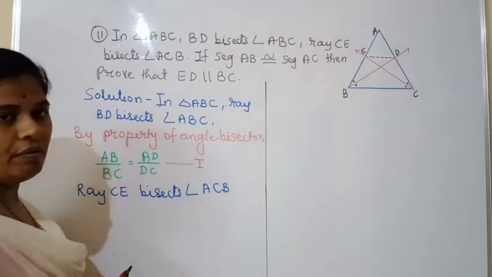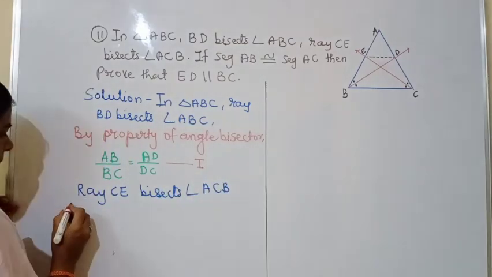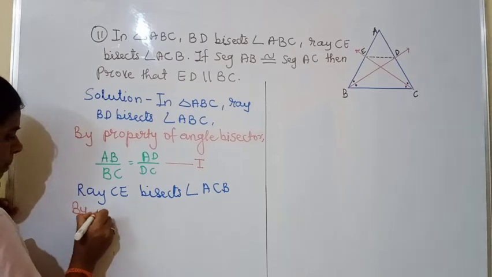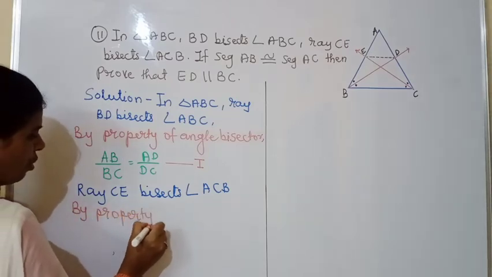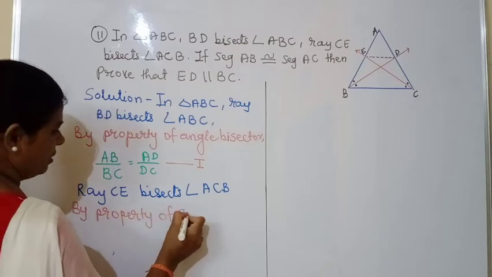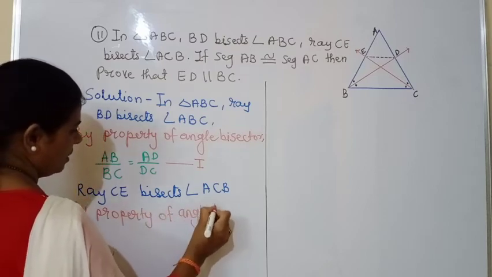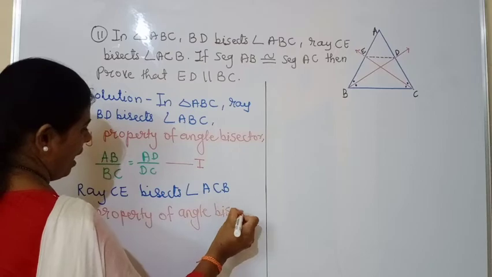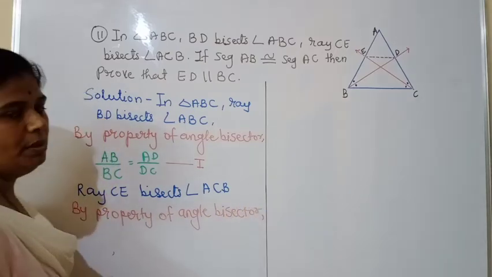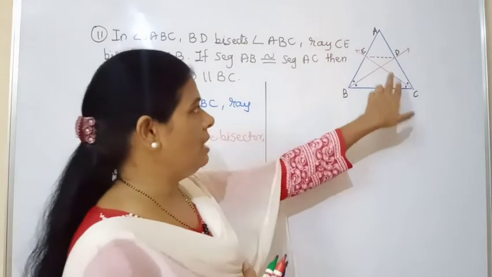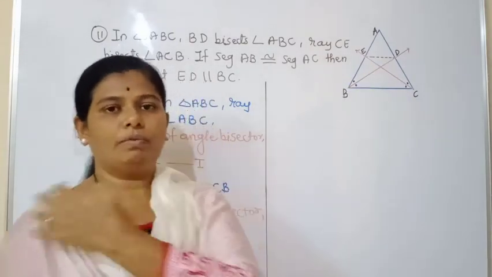Okay, therefore again we are going to use the property, that is by the property of angle bisector, we will have the ratio. What will be the ratio now? See, now CE is the bisector.